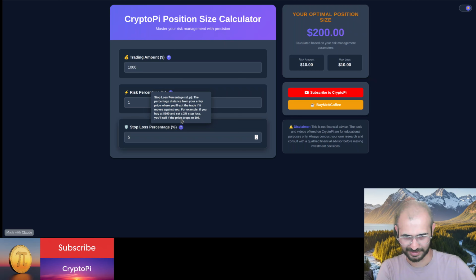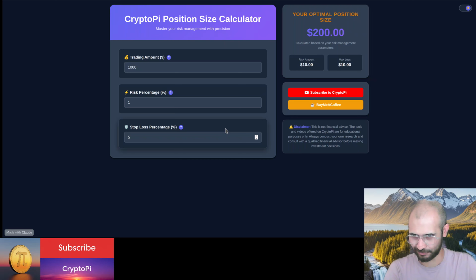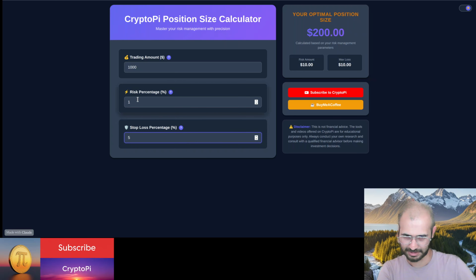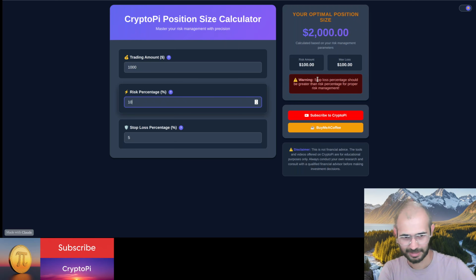I have to stop my trade and take my losses. There is one more feature which I discussed in one of the previous videos, and that was about having your stop loss greater than the risk percentage. Now have a look. If I right here want to take 10% risk, we see the warning that stop loss percentage should be greater than risk percentage for proper risk management.